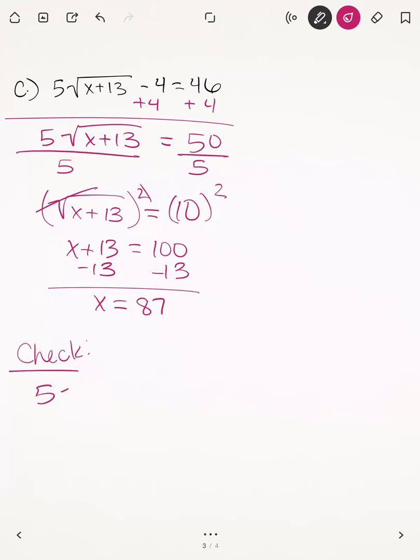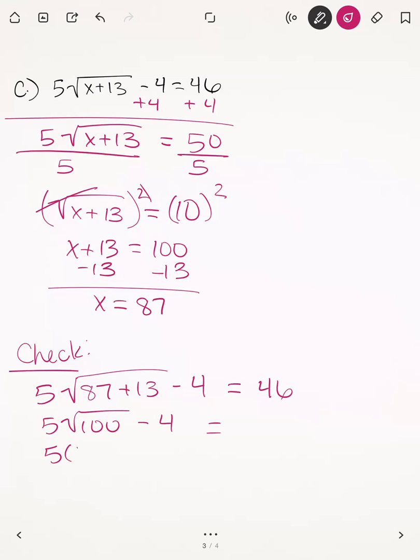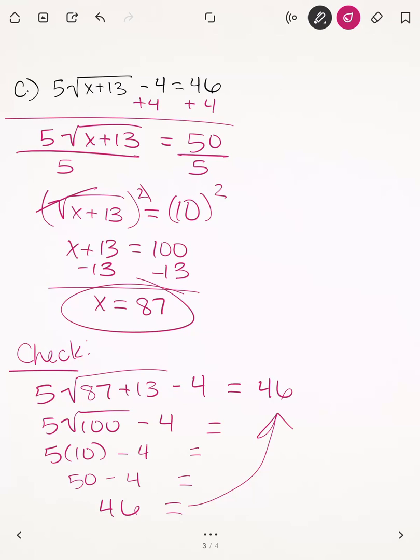I plug in 87 for x. 87 plus 13 minus 4. We hope it equals 46. 87 plus 13, that's 100. Square root of 100 is 10. 5 times 10 is 50. And 50 minus 4 is 46. Yes, 46 equals 46. So x equals 87 is our answer.